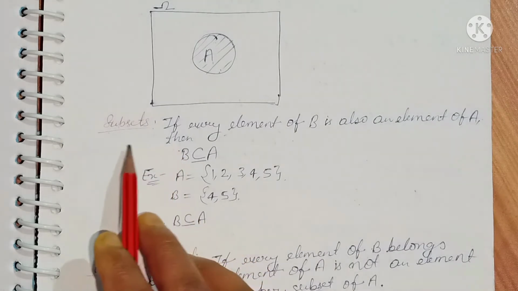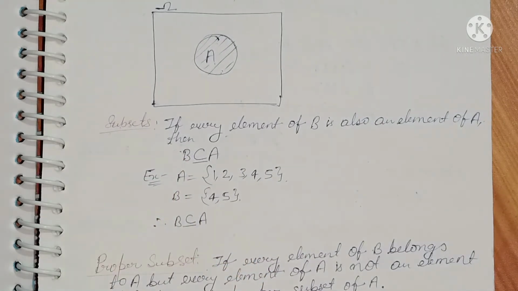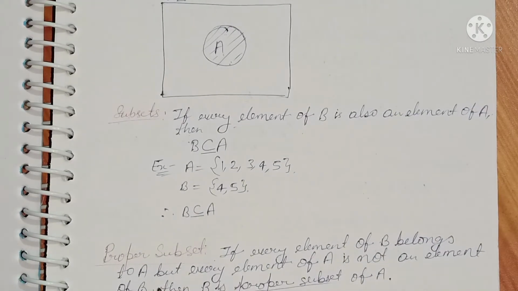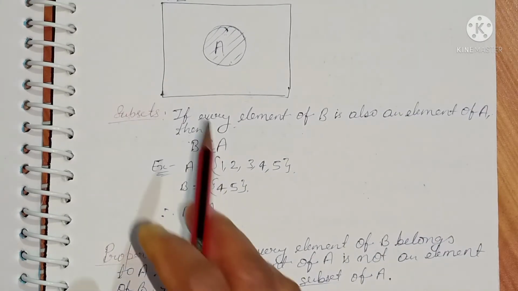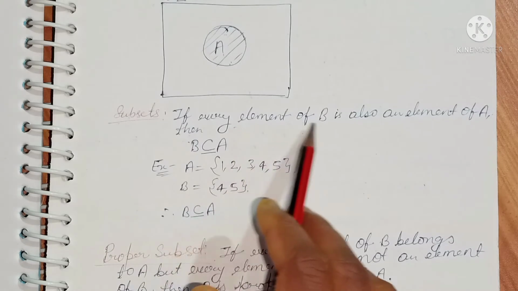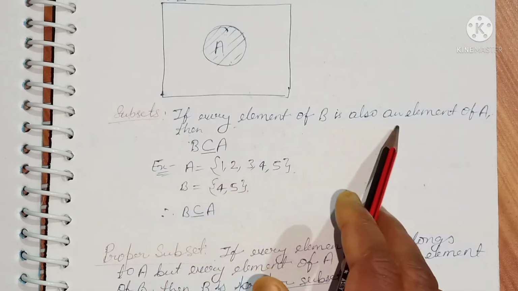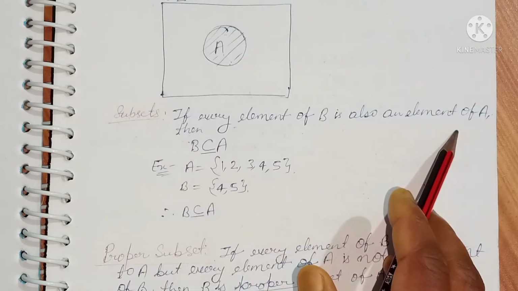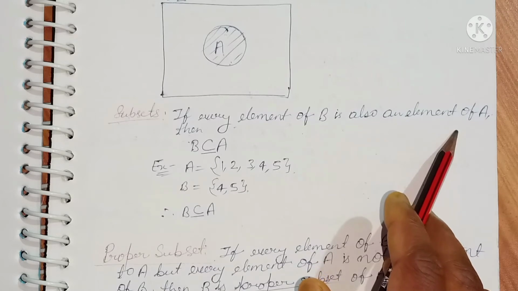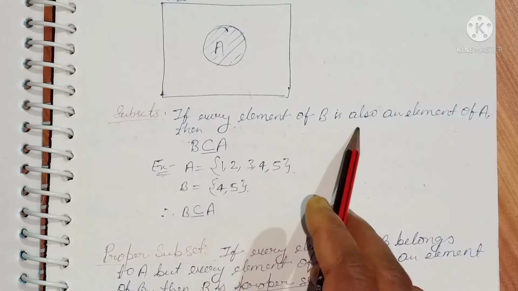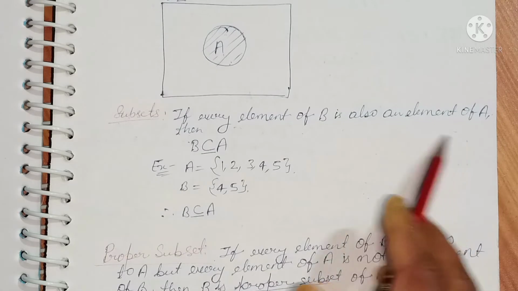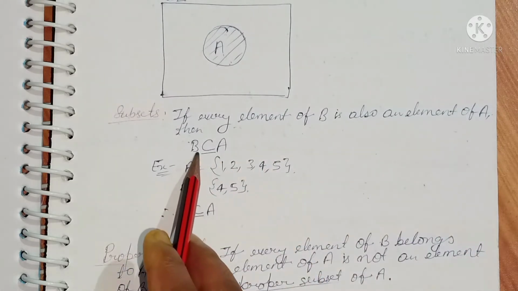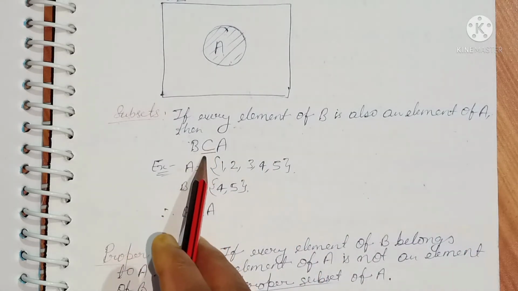Now here it is given subset. What is a subset? If every element of B is also an element of A, then B is a subset of A. This is the notation we use for subset.